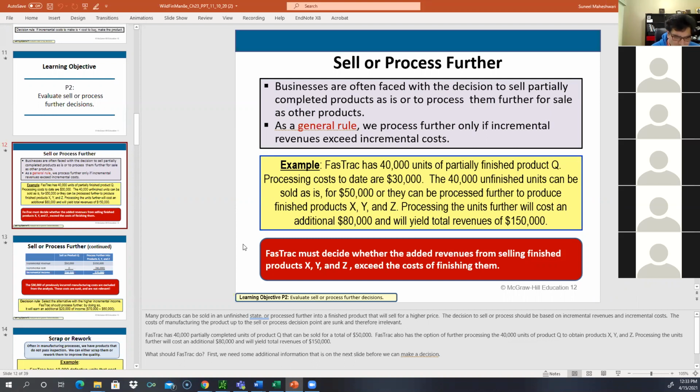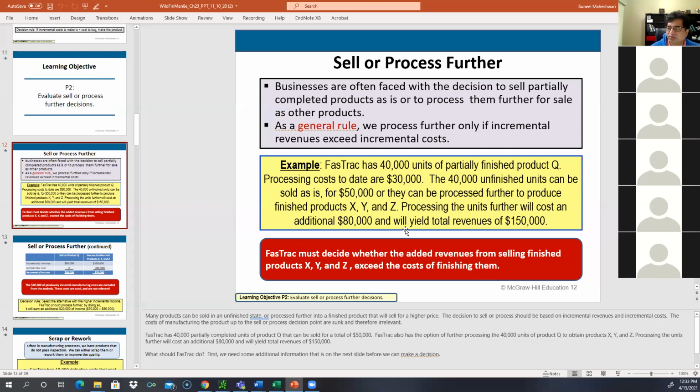So differential revenue is $8 and differential cost is $2. So you're getting more money than your incremental cost. Does everyone understand that simple concept? Okay, so you'll only process it further if your differential or incremental revenue is more than your incremental cost.